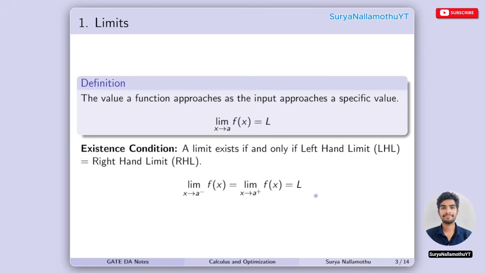This is the condition for the left hand limit and right hand limit. It means that the limit L is defined as the limit of x tends to a of f of x.